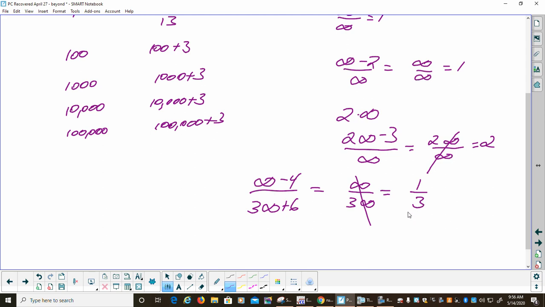That's what it looks like. I guess I could make it a little bit harder. 2 times infinity plus 5 over 7 times infinity minus 4. We're going to pull infinity. Adding or subtracting the number just goes away. This cancels out, so you have 2 sevenths as your answer.